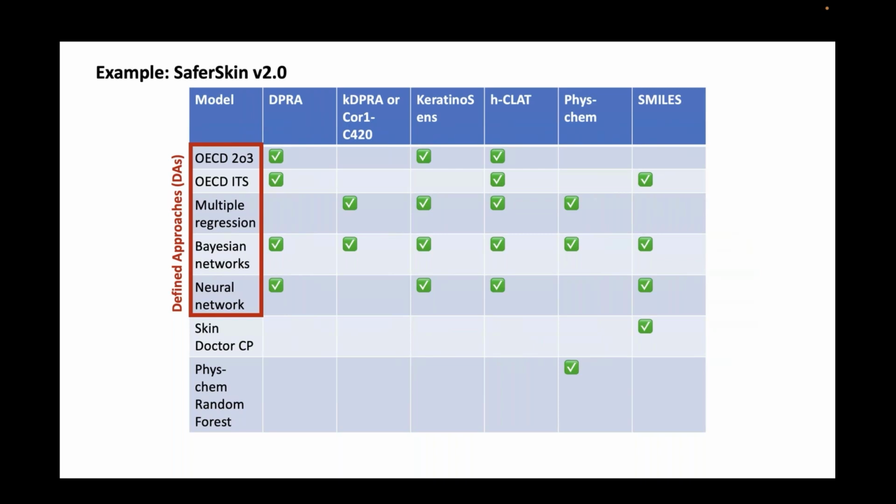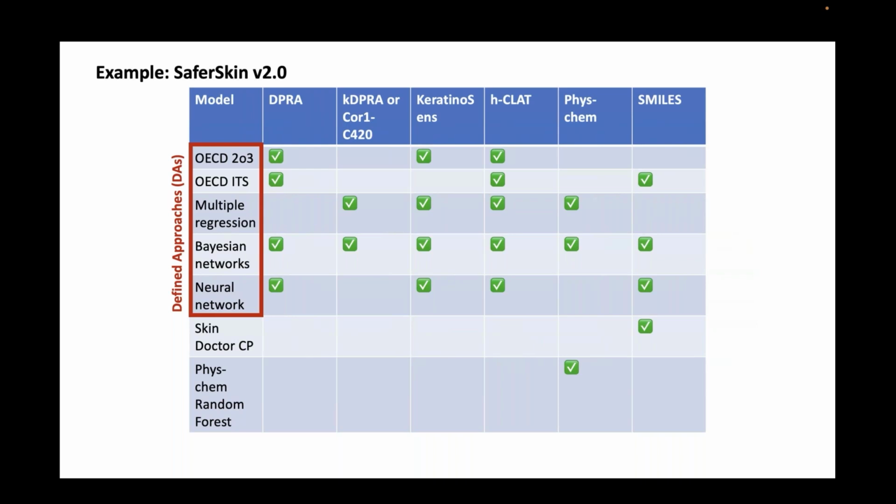OECD 2 out of 3 and ITS are based on classical DPRA, KeratinoSens, and h-CLAT. And OECD ITS can also use in silico tools, so you also need to know the chemical structure.